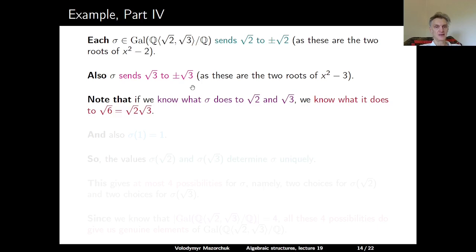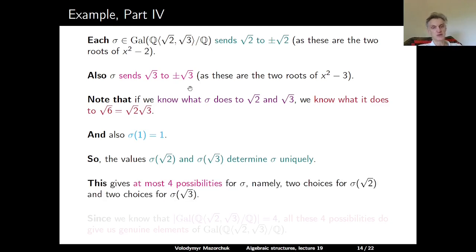Note that if we know what the element sigma does to the square root of 2 and the square root of 3, we know what it does to the product of these two elements, because sigma is an automorphism. And that's exactly the element the square root of 6, the fourth element in our basis. And of course, any automorphism sends 1 to 1. So this means that the values of sigma at the square root of 2 and the square root of 3 determine sigma uniquely.